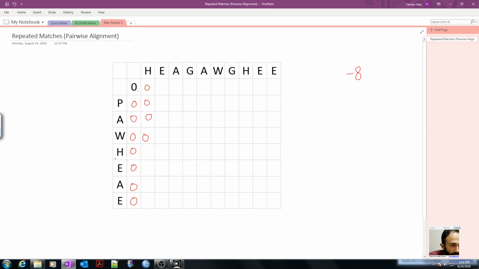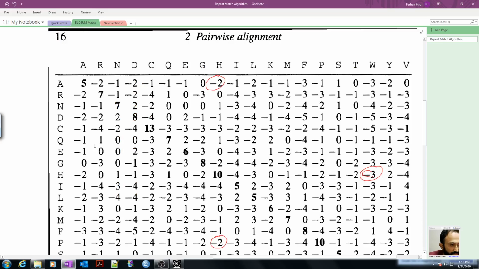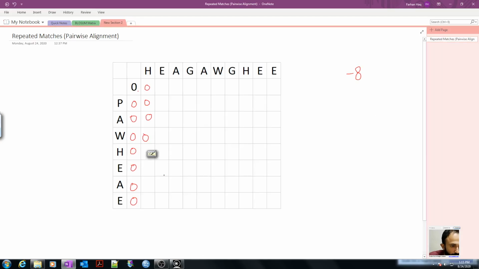Now H and H: these are two of the same residues, so there should be a positive score for it, and for that we check the matrix, and H and H is 10. So here we will insert a value of 10, which is added to this 0. So 0 plus 10 equals 10. This is the maximum value we can put here.